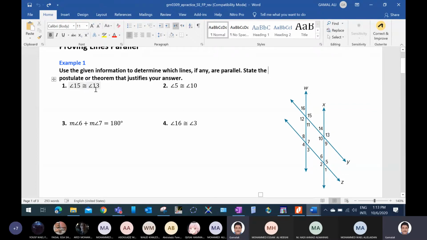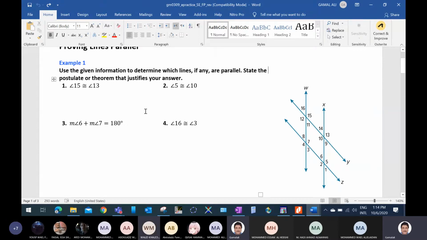I'm talking about this question. If you have the angles 15 and 13, if you start with the angles are congruent, so you are using the converse of the theorem. What is the relation between 15 and 13? They are congruent. Why are they congruent? What is the relation as the location of each one? 15 and 13, they are what, guys? Corresponding.